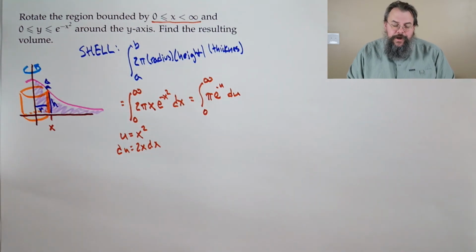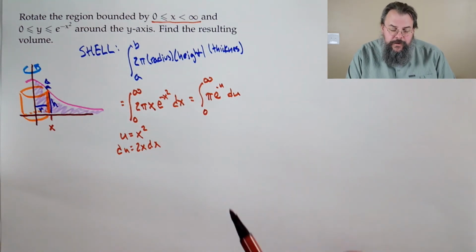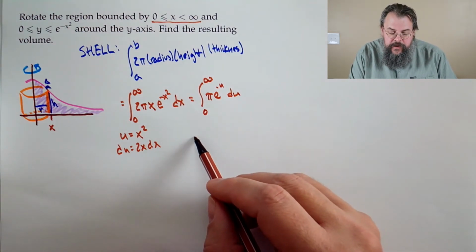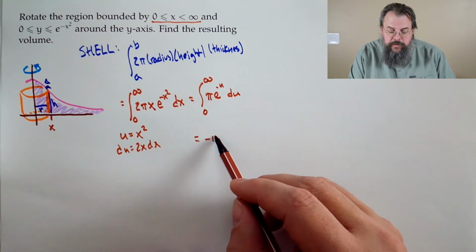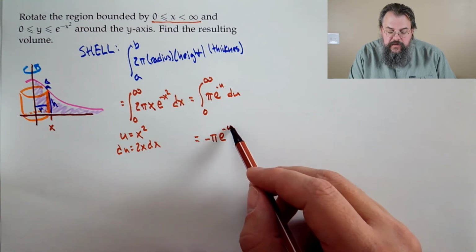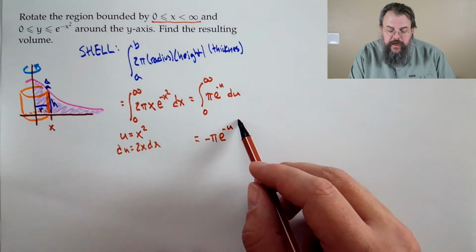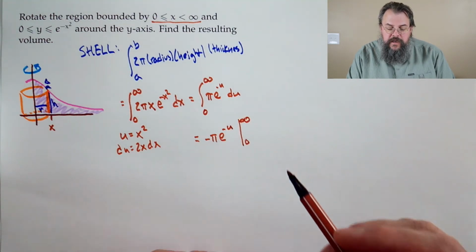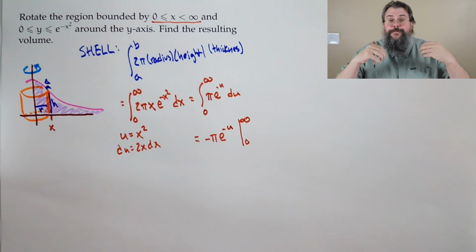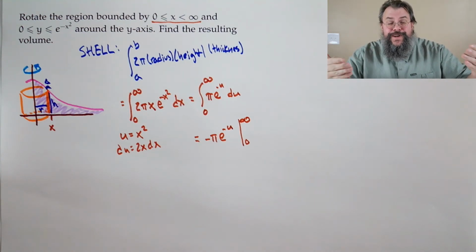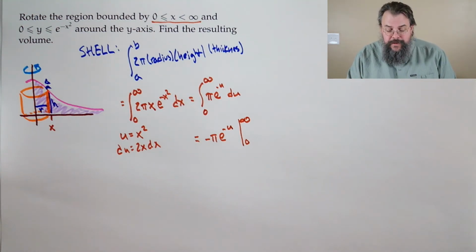All right, wonderful. Well, this is a very straightforward integral. Minus pi e to the minus u, evaluated from 0 to infinity. And of course, when we plug in, we really say what happens as we go to infinity.